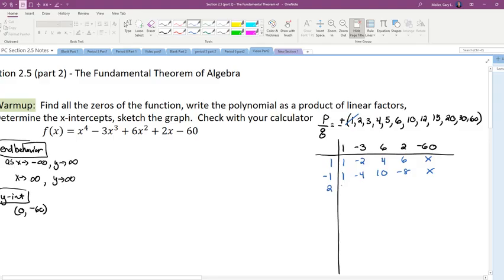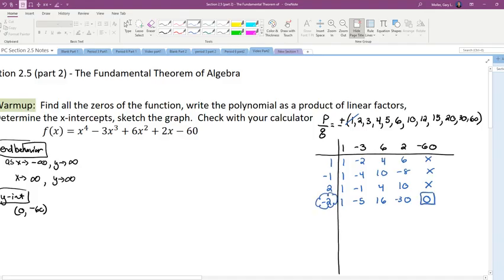Let's try 2. Let's see. -1, 4, 10 does not work. Let's see. -5, 10, 16. -32 and 2 is -30, which makes positive 60, which makes 0.